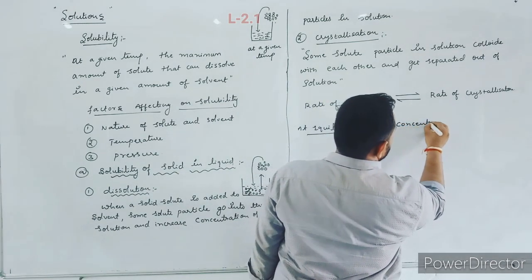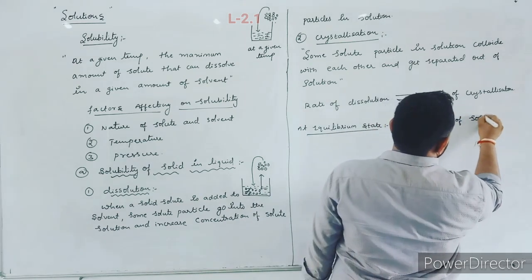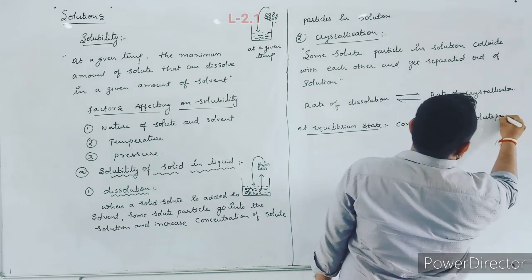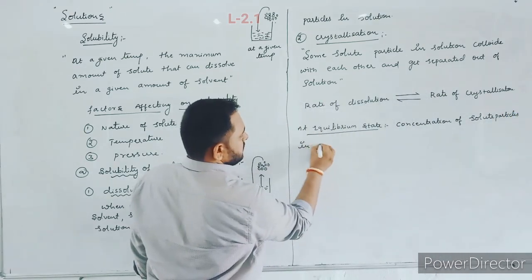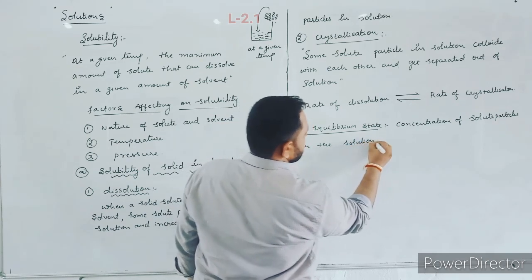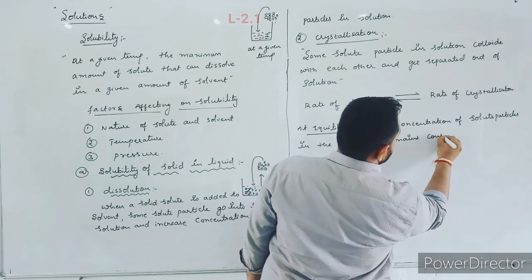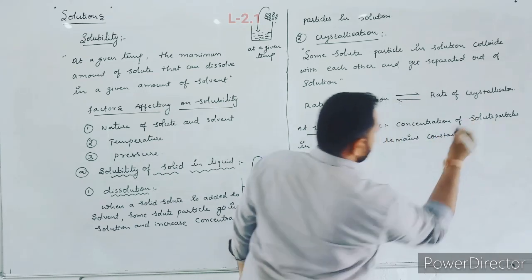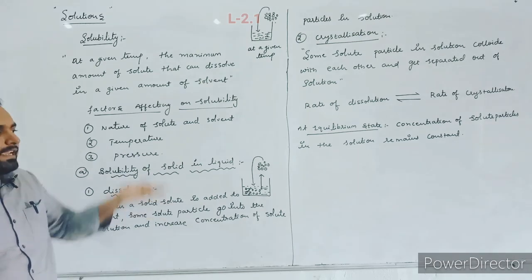At equilibrium state, the concentration of solute particles in the solution remains constant. During the dissolution, the concentration of solute particles increases.